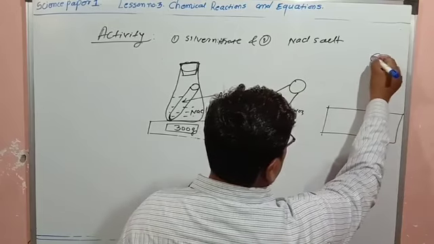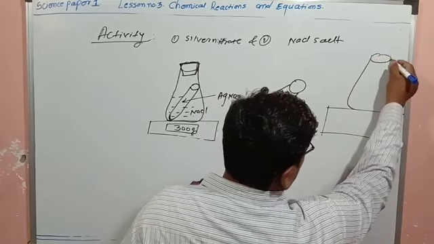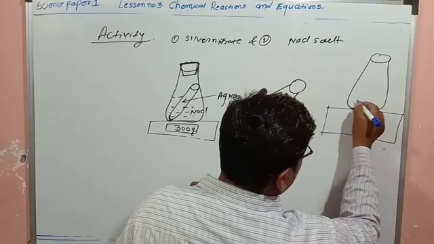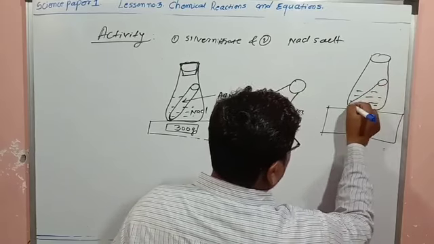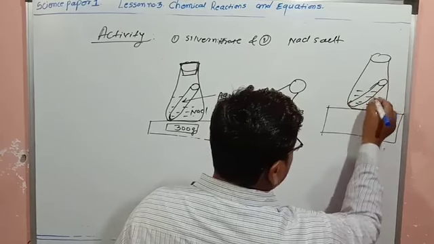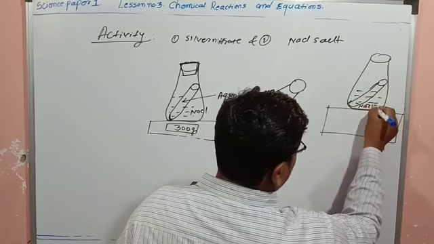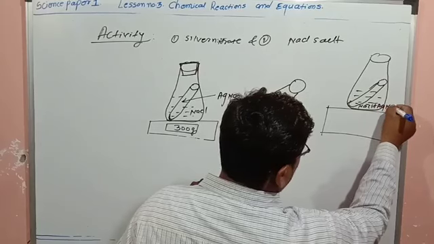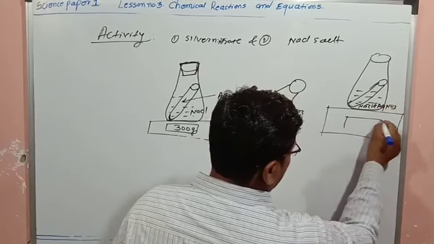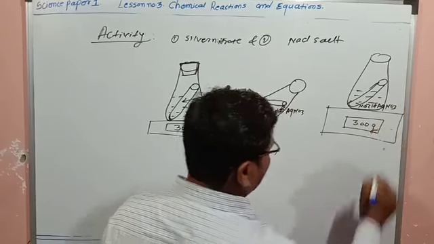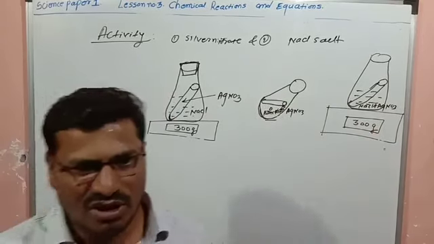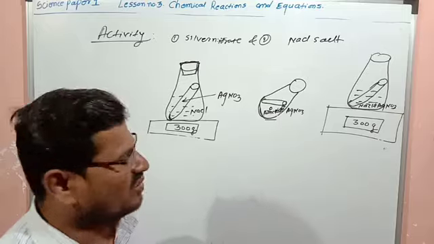After the mixing you have to take the weight balance, and on that you have to keep the conical flask. Now here will be the reaction mixture, the test tube, and the NaCl plus AgNO3 mixture, and you have to measure it, and here also it will be 300 grams. So what is the activity? Just give attention.